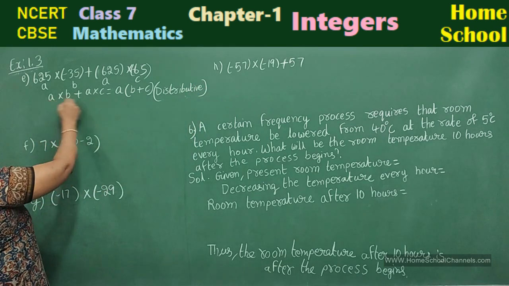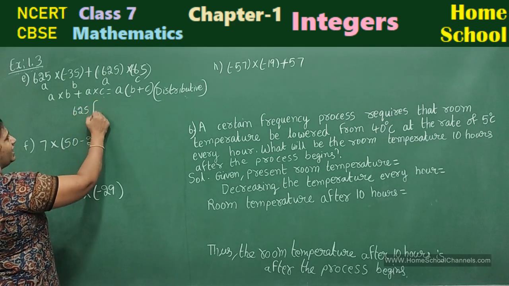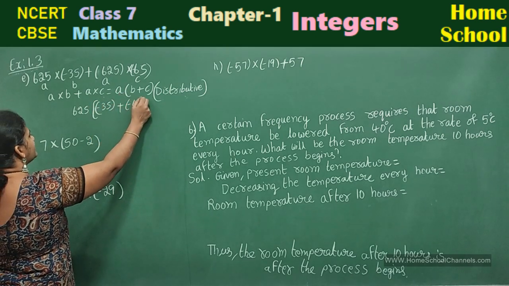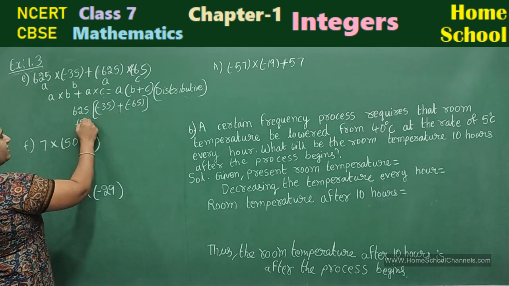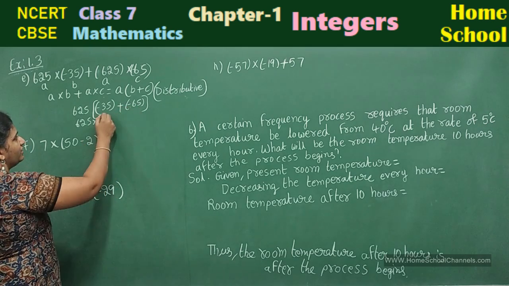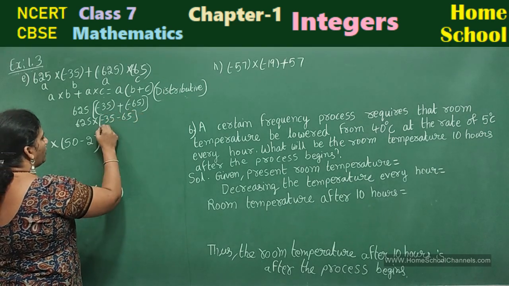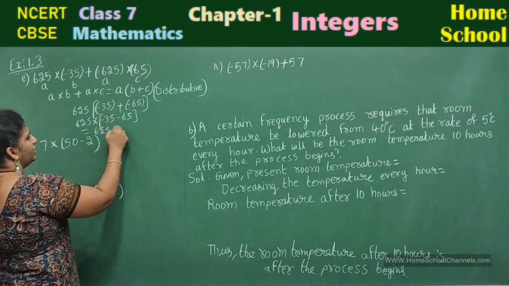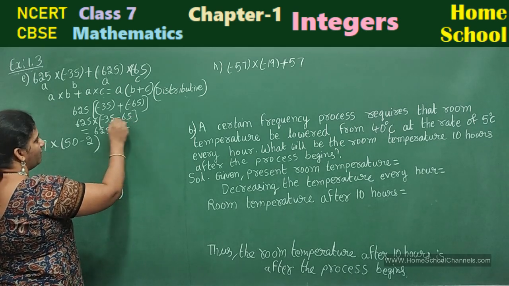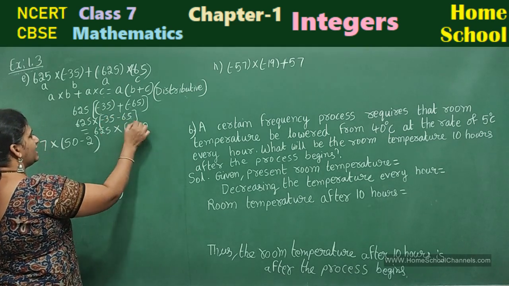Now substitute here. You need to write in this form. That is 625 into B value, minus 35, plus C value, minus 65. Now 625 into minus 35 plus minus 65. Minus 35 minus 65 is equal to 625 into, both are minus, take the negative sign and add the numbers. 35 plus 65: 5 plus 5, 10. 6 plus 3, 9, plus 1 is 10.